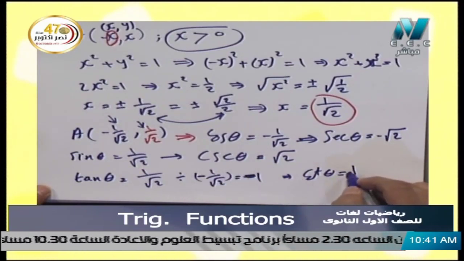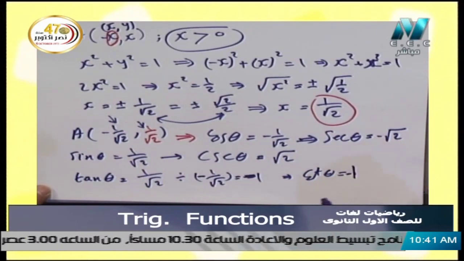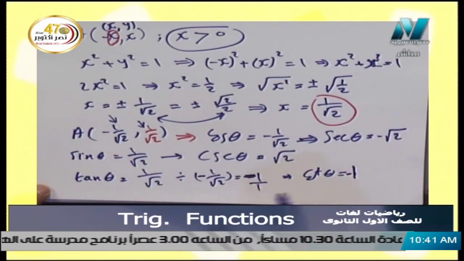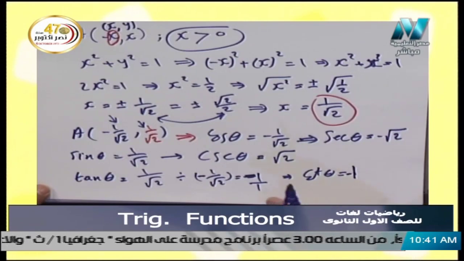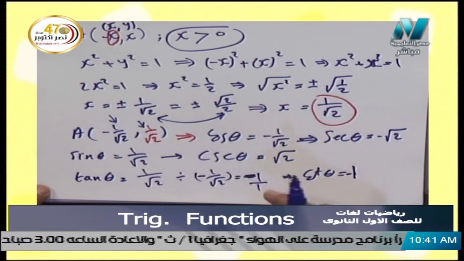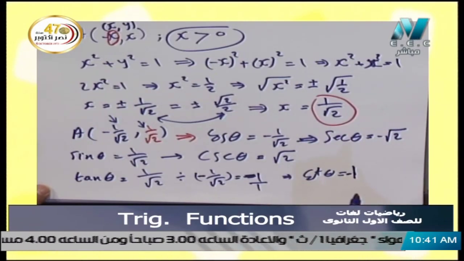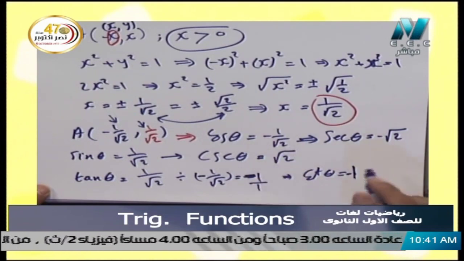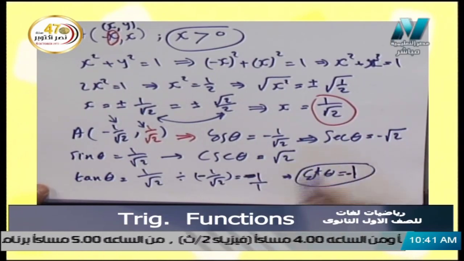And cotan theta, of course, will be negative 1 also, because when we find the multiplicative inverse or reciprocal, it is 1 over negative 1, which is negative 1.